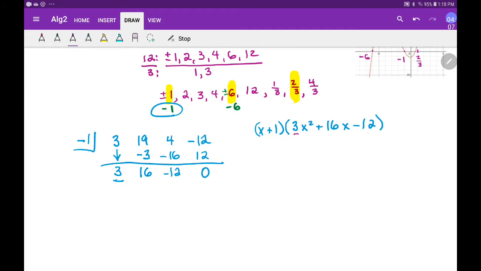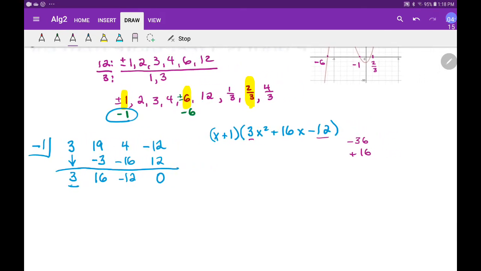We'll say 3 times 12, negative 36. Factors of negative 36 that add up to positive 16. So I'm going to have my big number be positive. So factors of 36, let's see, that add up to 16. Well, I know it's not 6 and 6, like a positive 6 and a negative 6.